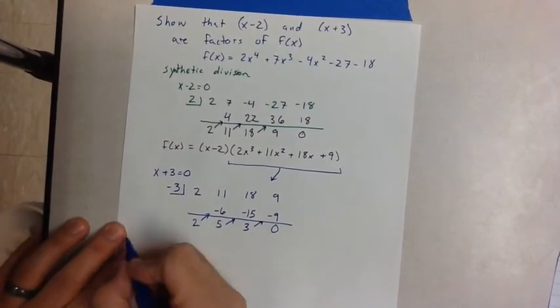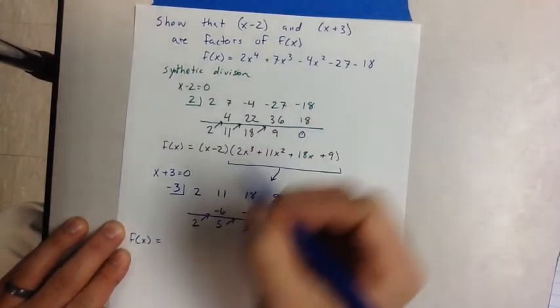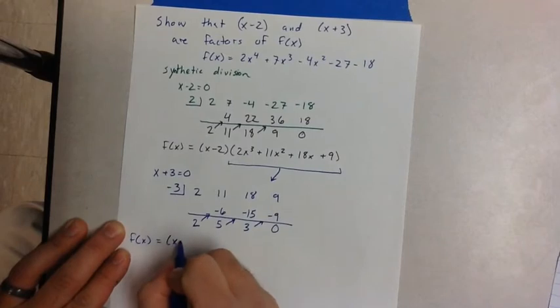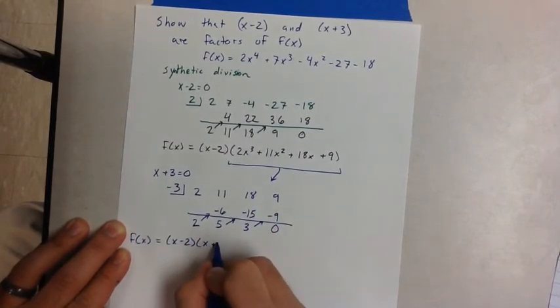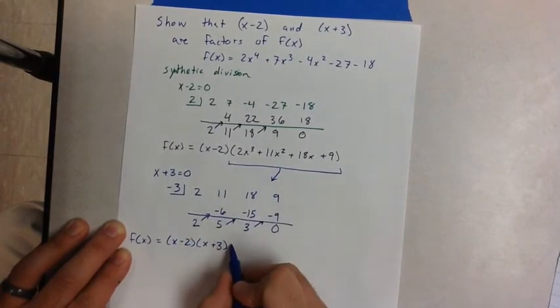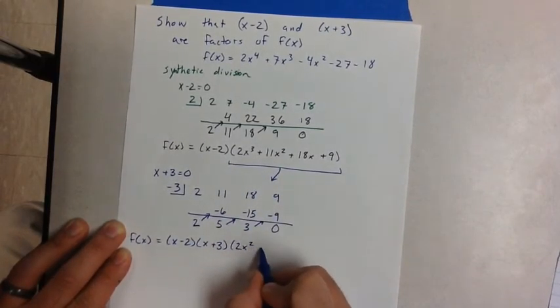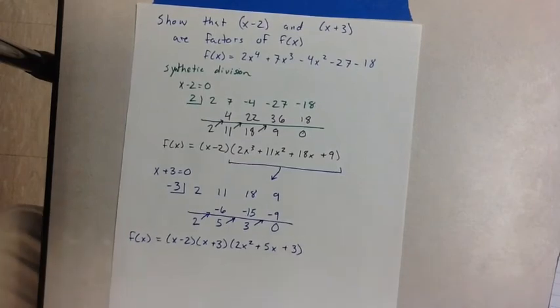Now, as a result, our initial polynomial can now be written as x minus 2, x plus 3, and then we have this, which went from a cubic, now we have a quadratic. Okay.